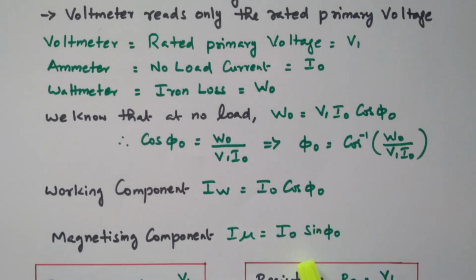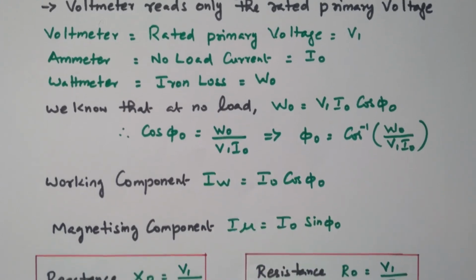A separate video is available on it. So I naught has two components, the working component and the magnetizing component, which can be calculated from these formulas. Phi naught is calculated from this reading, I naught is already available, and so is the wattmeter reading. Now we have IW and I mu.